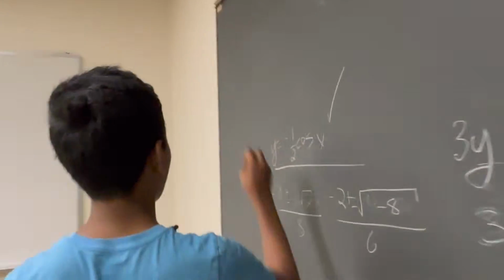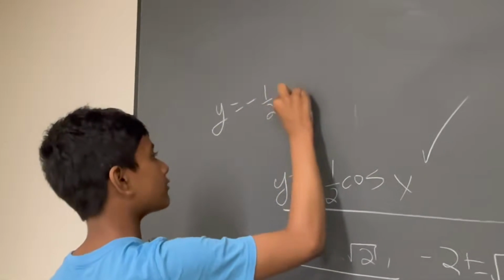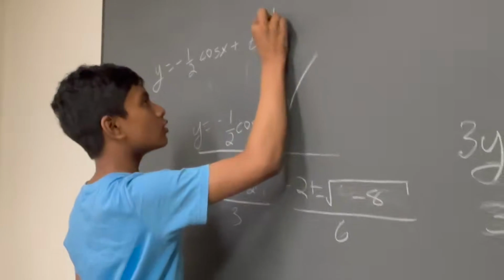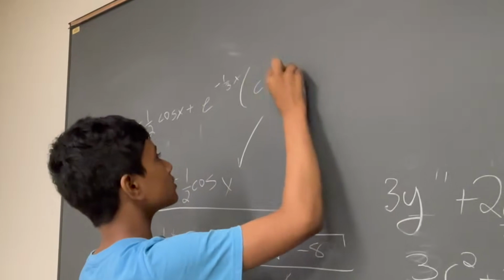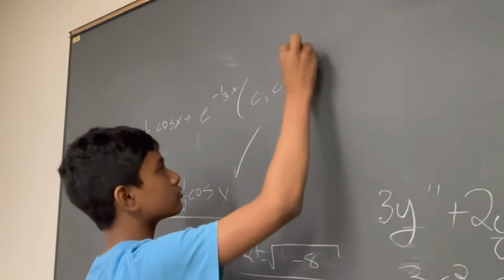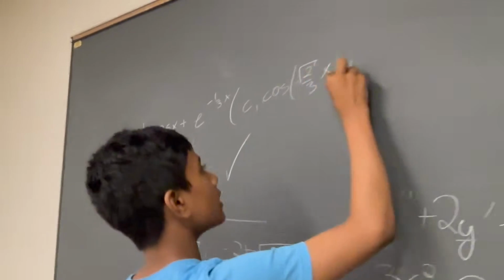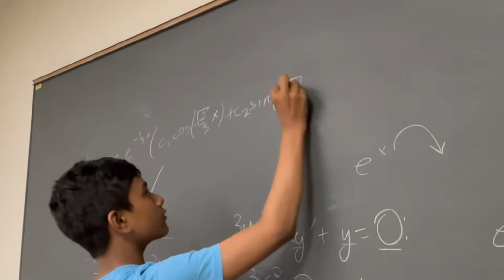So that means that our actual solution, our general one, is minus 1/2 cosine x plus e to the minus 1/3 x times C1 cosine root 2 over 3 x plus C2 sine root 2 over 3 x.